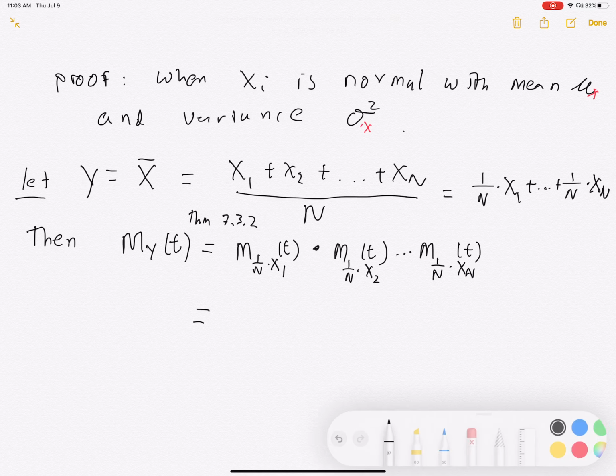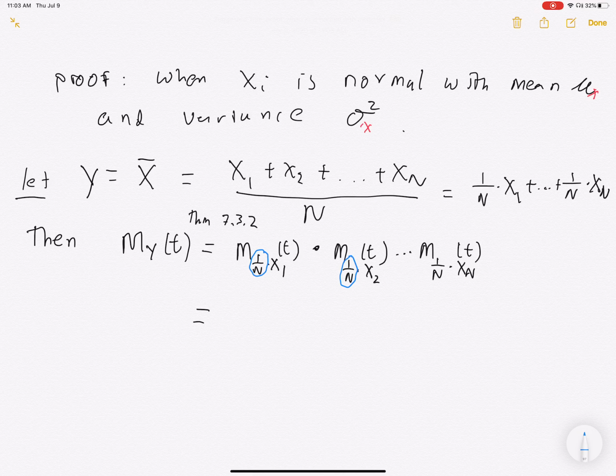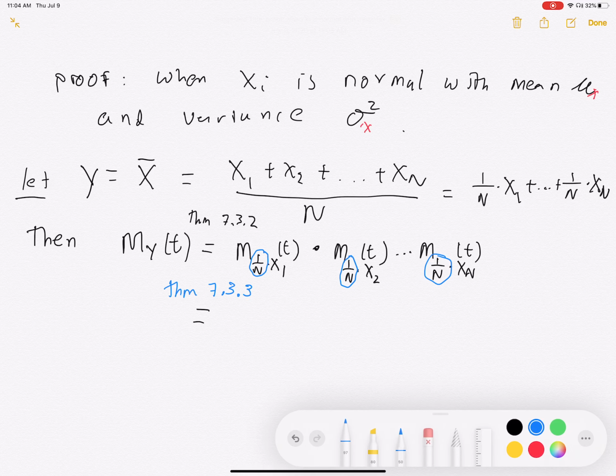Because these x sub i's are being multiplied by 1 over n, we're going to use Theorem 7.3.3. And it's going to state the following.